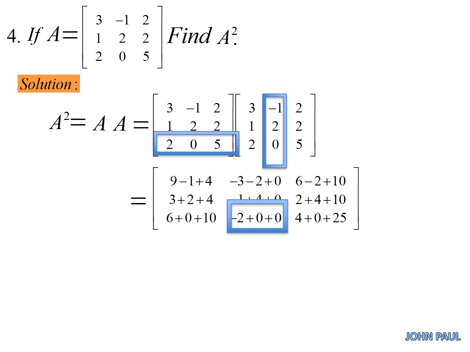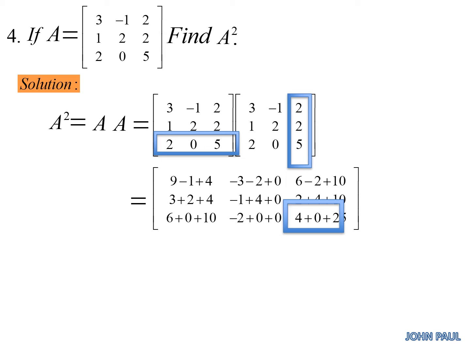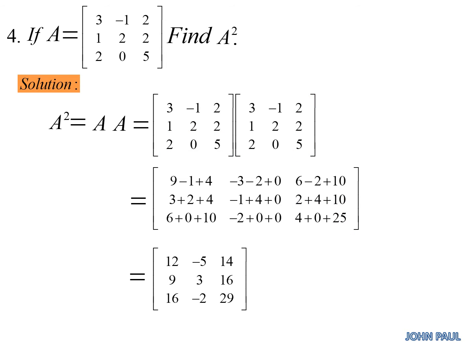Second column and then with the third column. Now by simplification we get A square as 12, minus 5, 14, 9, 3, 16, 16, minus 2, 29.